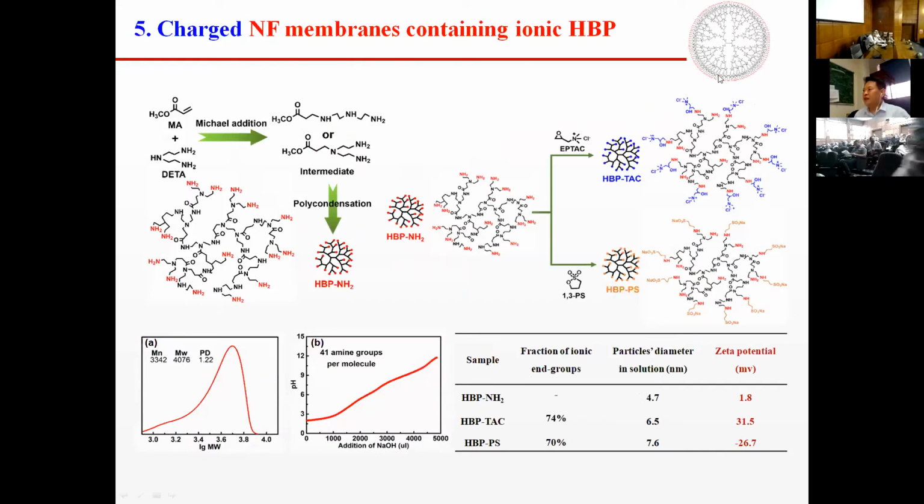So besides the dendrimer, we have another kind of polymer with nanoparticle size. It's called hyperbranched polymer. So we prepared a series of hyperbranched polymers like this, in this route.